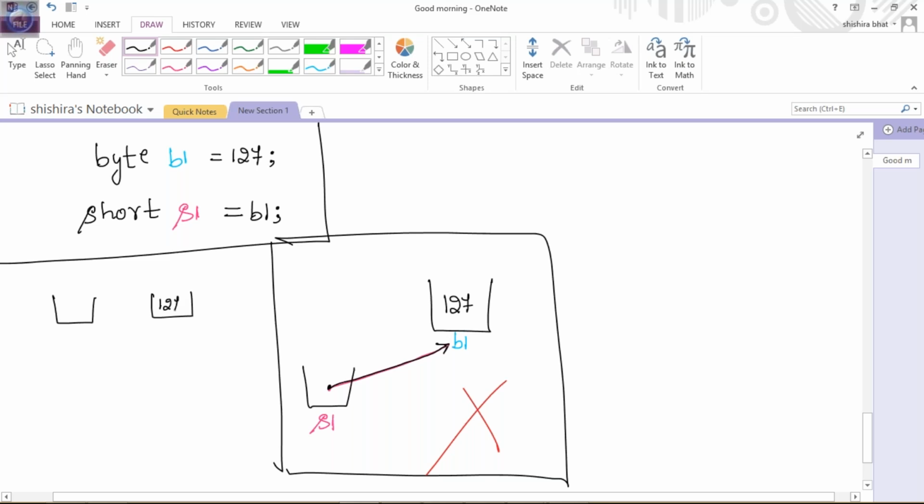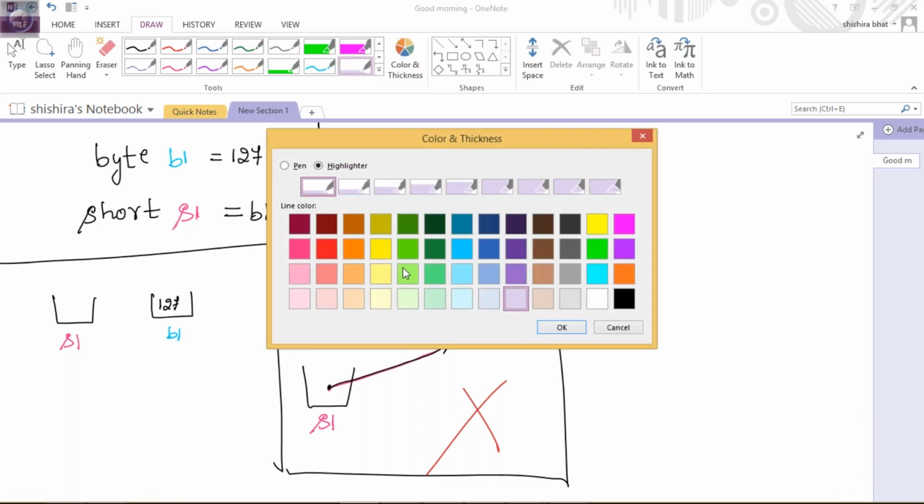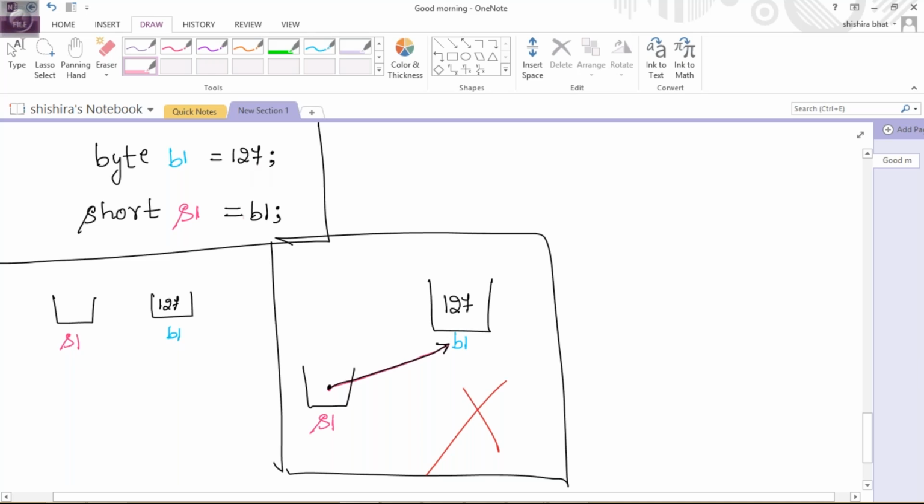One is storing 127. Let's say this is B1, and this is S1. When you say B1 is assigned to S1, try to understand here. I use a better color for the assignment operator. When I assign from B1 to S1, what exactly happens? This data is copied to this.